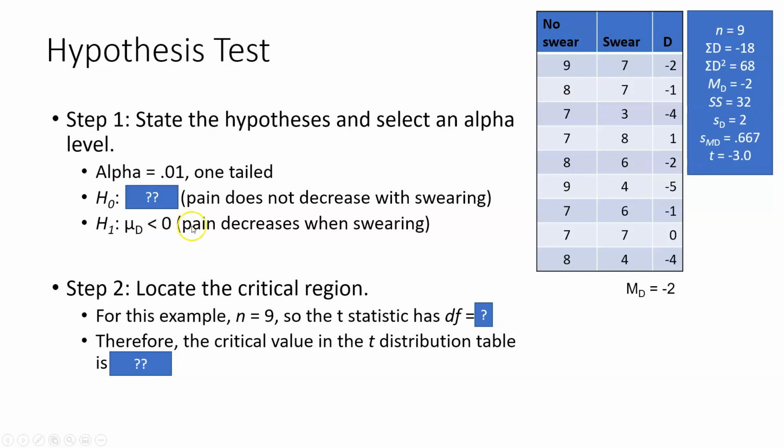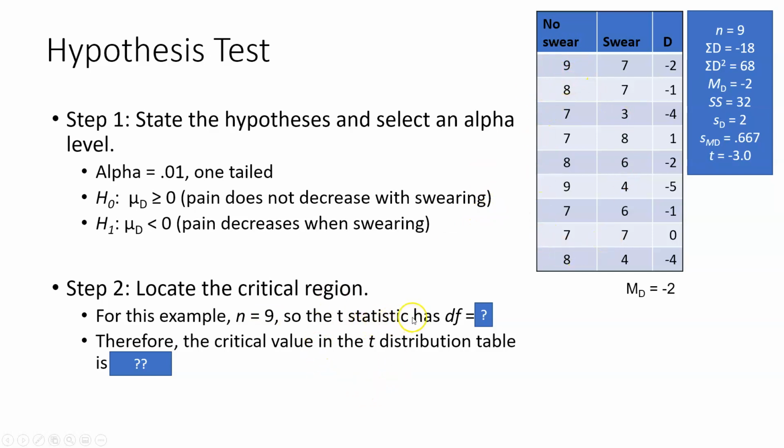Why? Because the pain decreases when you're swearing, and the null hypothesis is the opposite of that, so the mean difference is everything greater than or equal to 0. In other words, pain does not decrease with swearing. Step 2 is to locate the critical region. For this example, we had an n of 9. Remember, we had these 9 people up here.